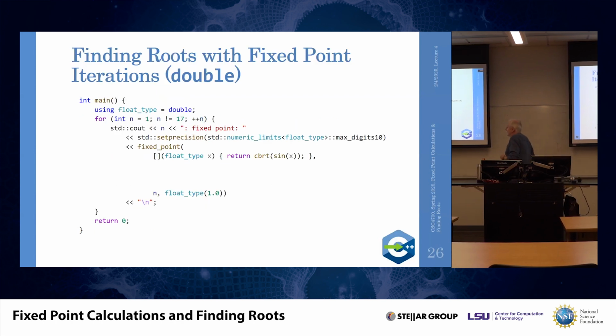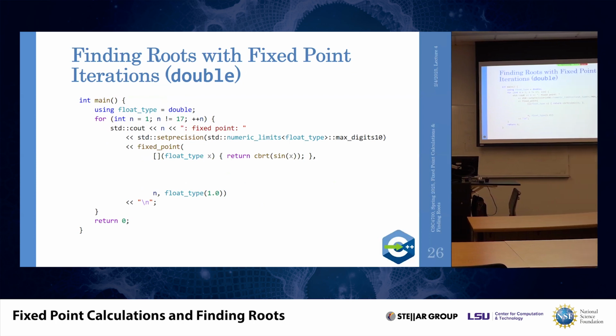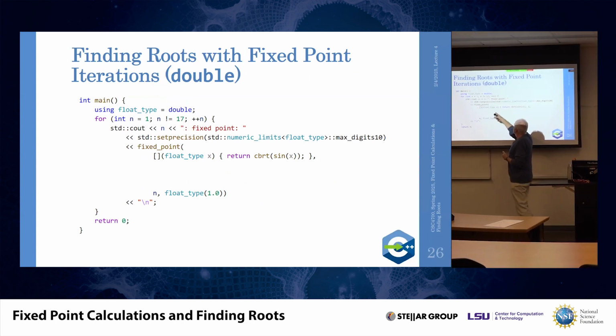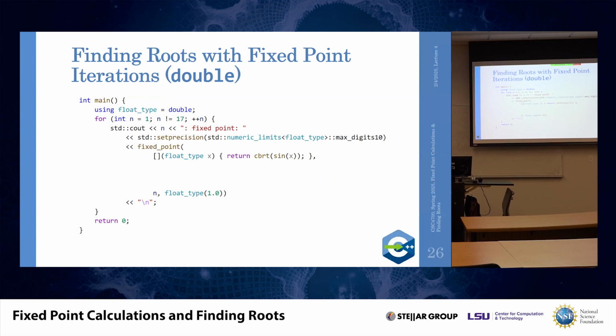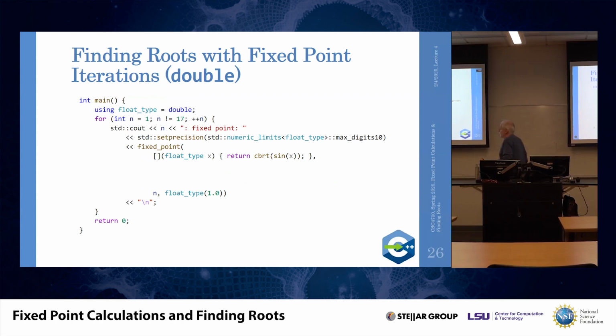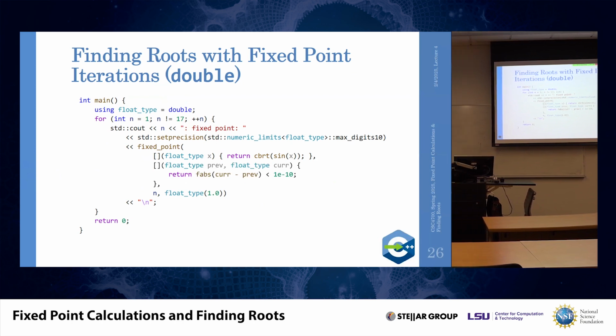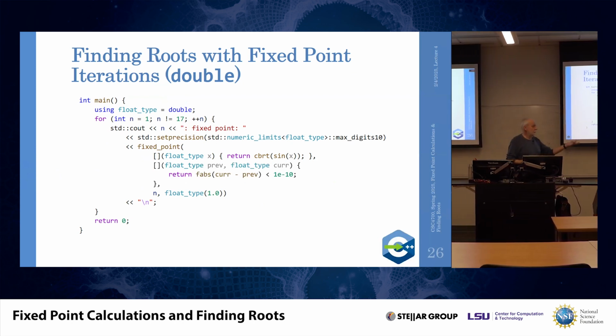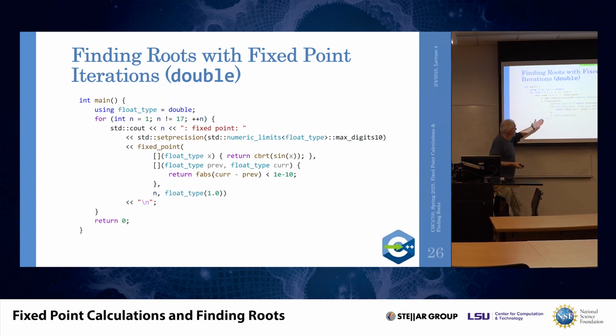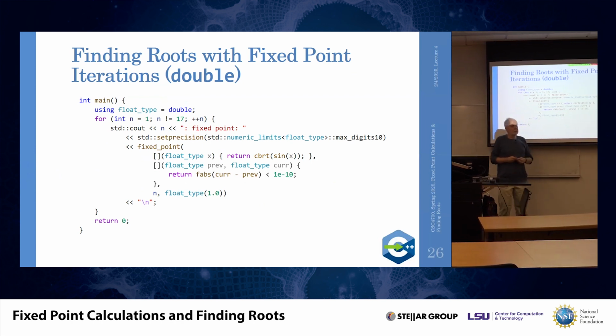So how would that look now for our example? Well, the first argument is still the same. We want to compute the cubic root of the sine of x. But now we pass a second lambda function, which expects two arguments, the previous one and the current one. And all it has to do is the same as what we have done before.